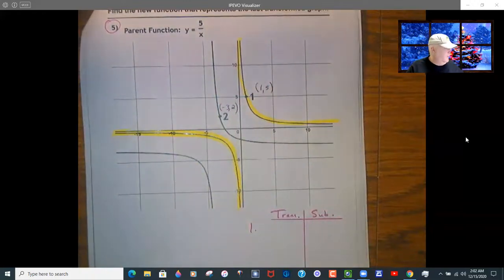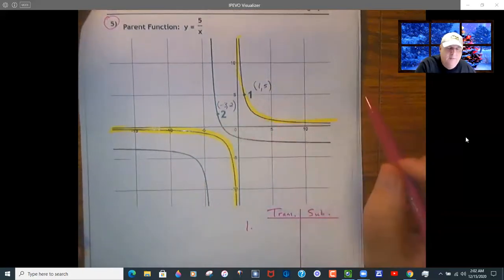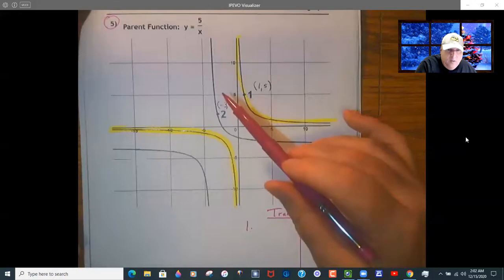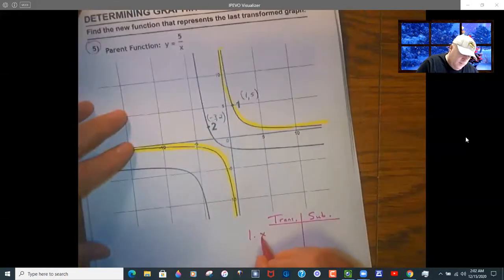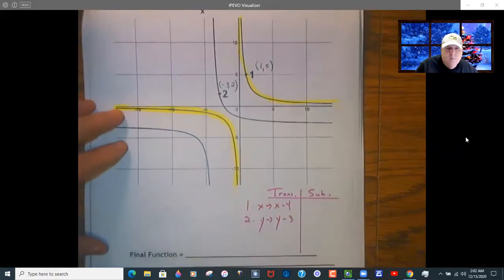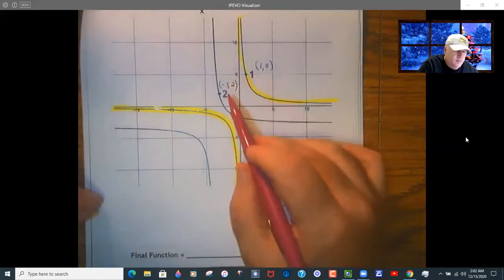So there's 2 branches that are part of the graph, but they're not concerned with the point that's getting shifted. So 1 to 2, we went 4 left and 3 down, from 1 to minus 3, and then 5 down to 2.